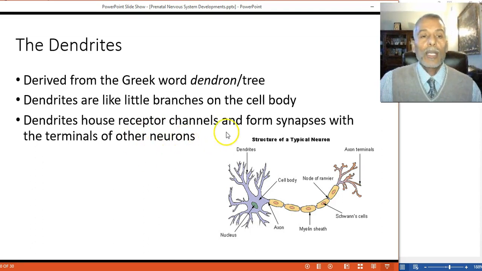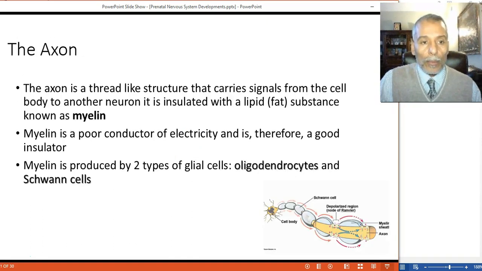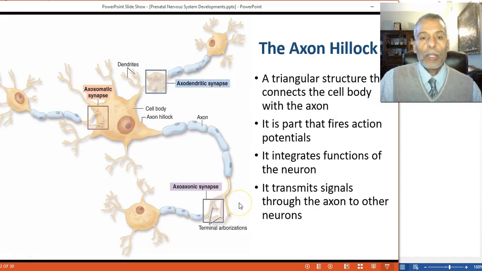The dendrites themselves are lined up with receptor channels so that they can communicate with other cells and receive signals. I explained how the axon has myelin and how that myelin is formed, and the axon hillock here, and how it is responsible for processing signals and firing them to other neurons that are part of the circuit or connected with it.